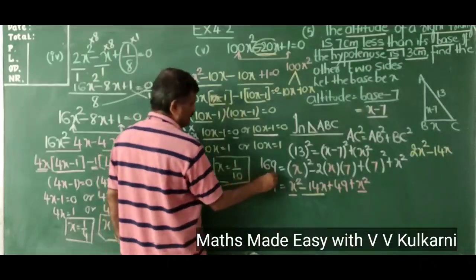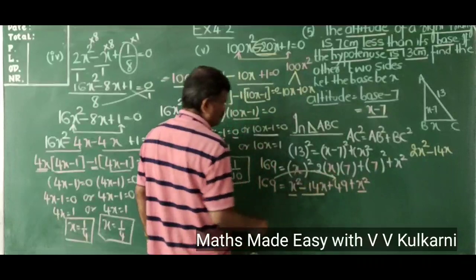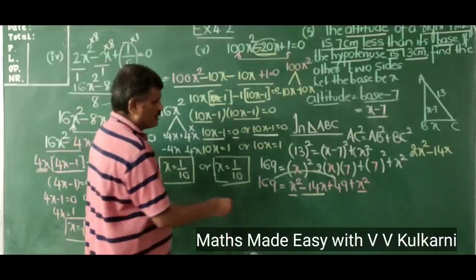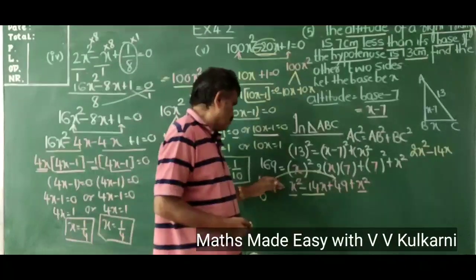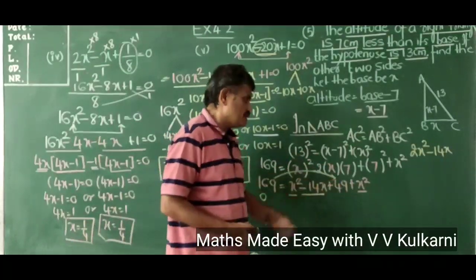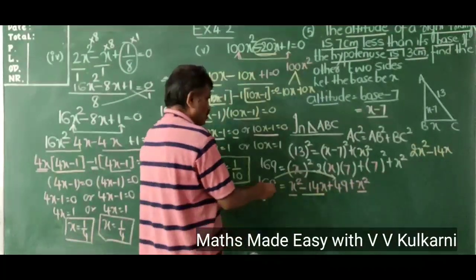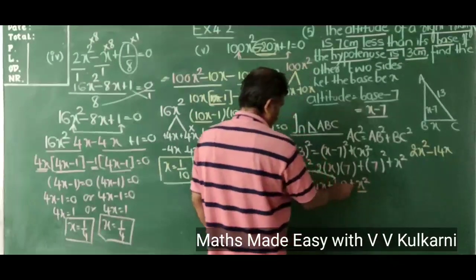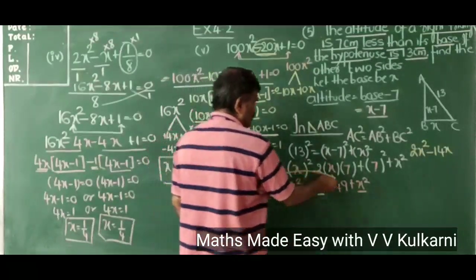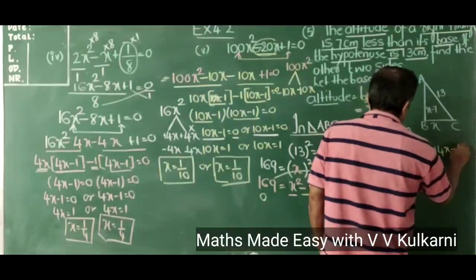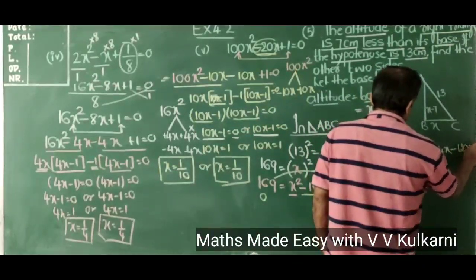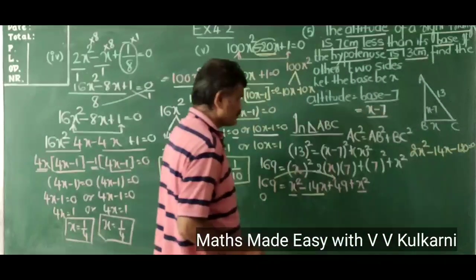And this 169, if I transpose it, 0 will remain here, and out of this 49 I have to subtract 169. 9 minus 9 is 0 and 16 minus 4 is 12, so I get minus 120 is equal to 0.